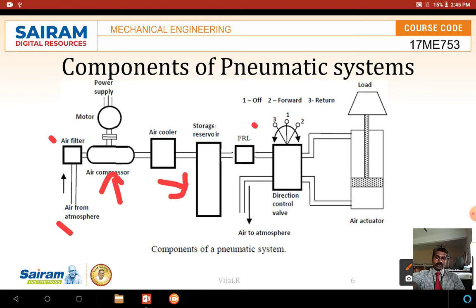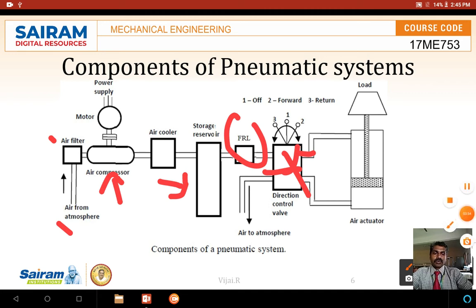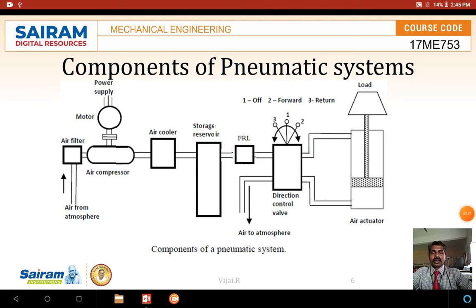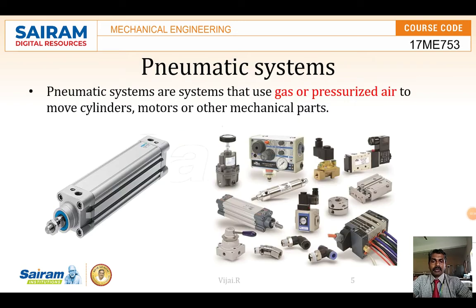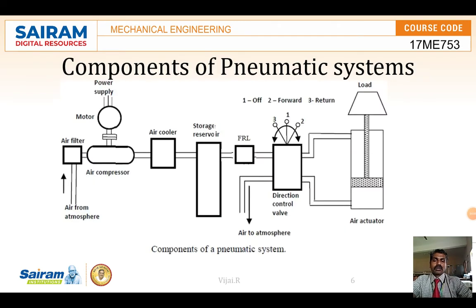Then the FRL unit is the fluid control system. It's a filter, regulator and lubrication system. Then we have a directional control valve, which is used for controlling the direction of the flow. The flow may be in one direction or the other, and it is controlled by the control valves.